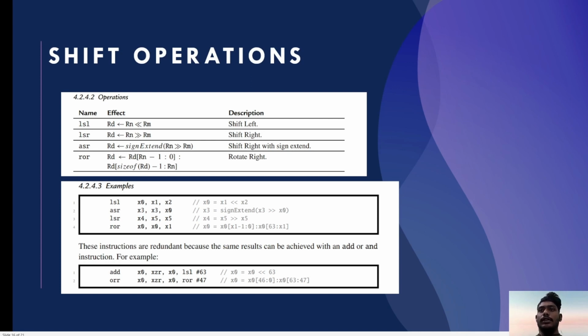ROR, rotate right, rotates n bits to the right. Those bits wrapping around are shifted into the upper bits. In the example, these instructions are redundant because the same results can be achieved with AND.